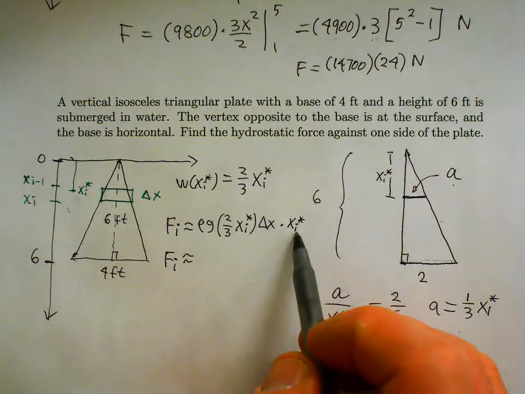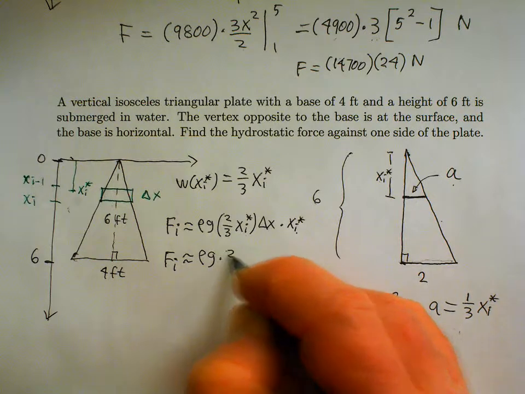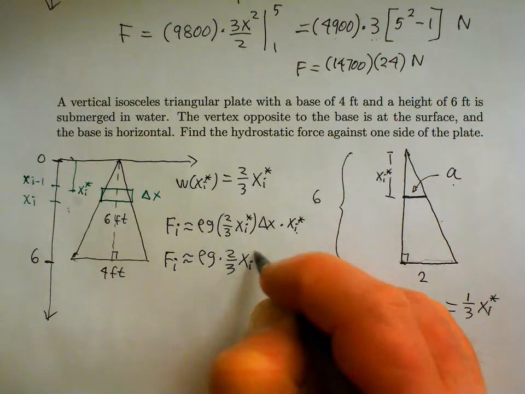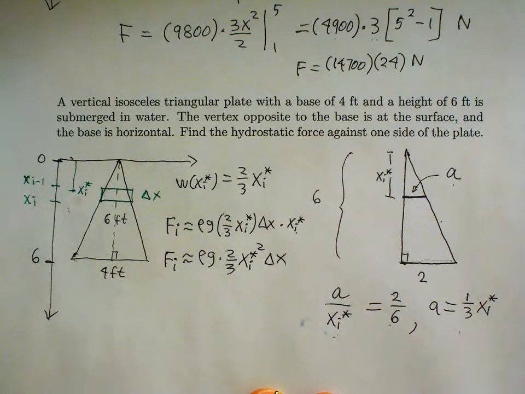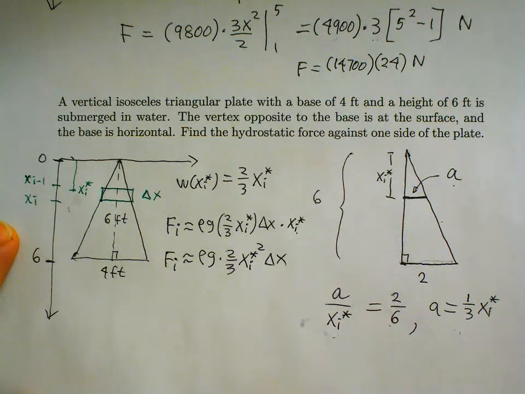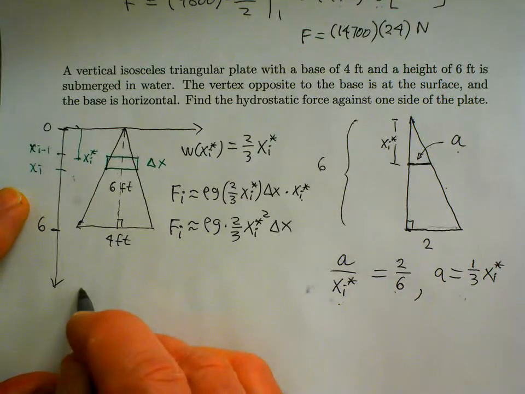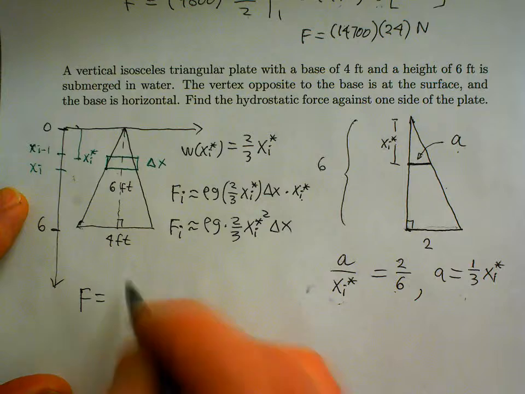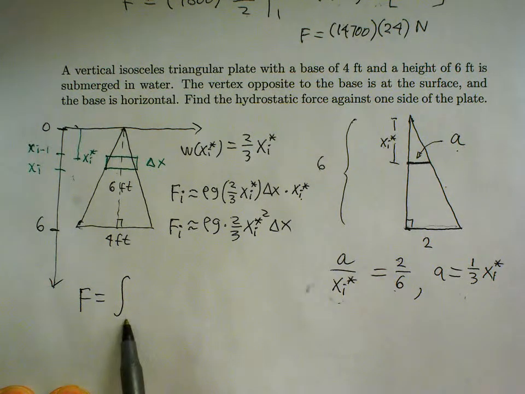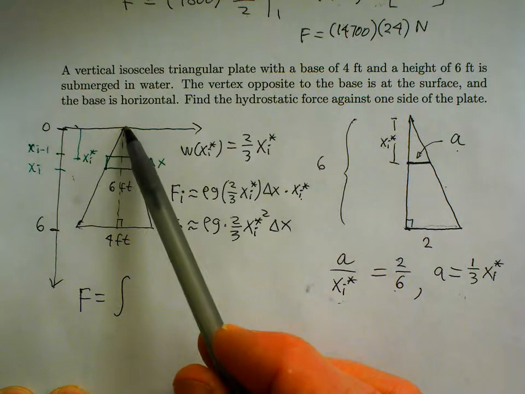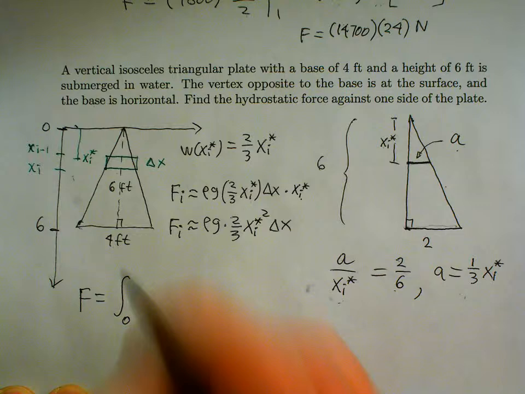And x sub i star times x sub i star is x sub i star squared, and then delta x. Okay, so let's go ahead and write the definite integral for the hydrostatic force. The x values, or the depths, range from 0 feet to 6 feet, so the limits of the integral are from 0 to 6.